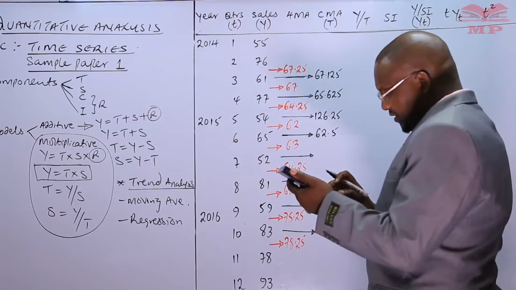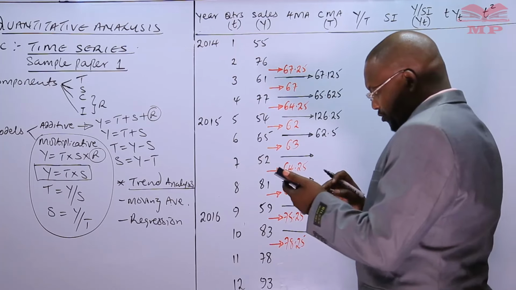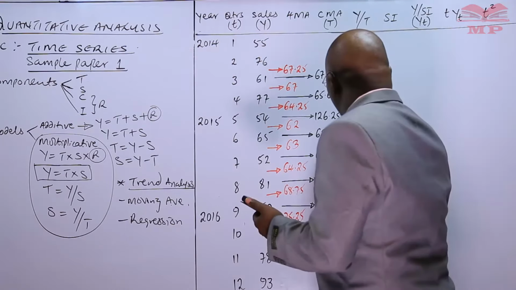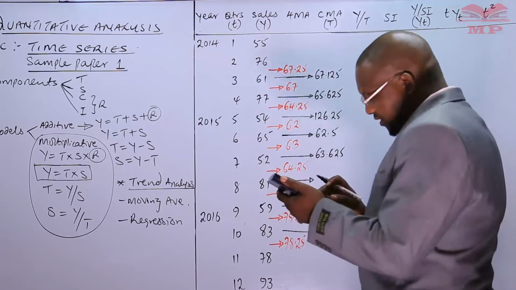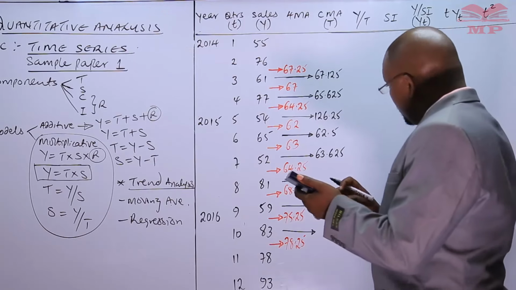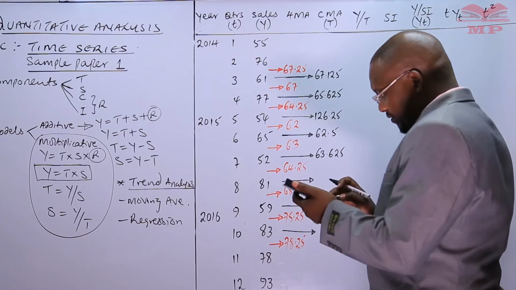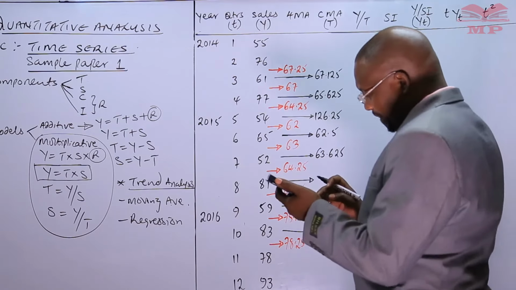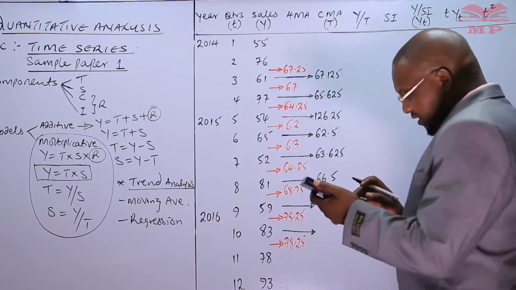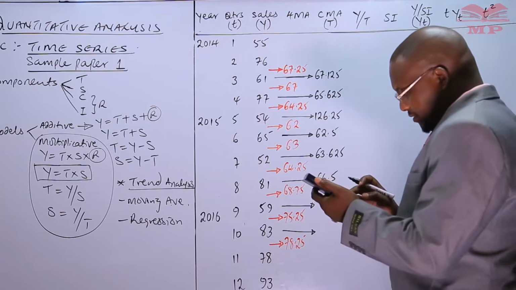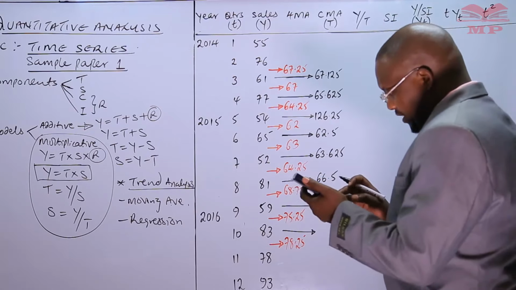Then 63 plus 64.25. Divide by 2. This is 63.625. Then you have 64.25 plus 68.75. Then I divide this by 2. I get 66.5. Then 68.75 plus 75.25. I divide this by 2.